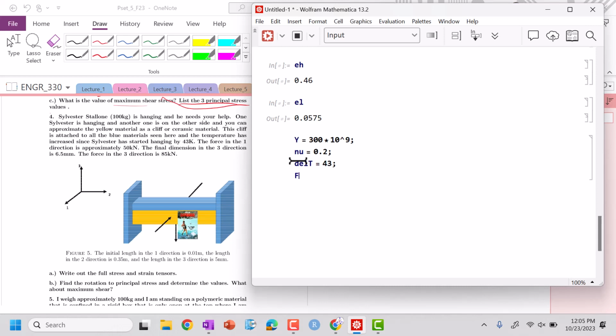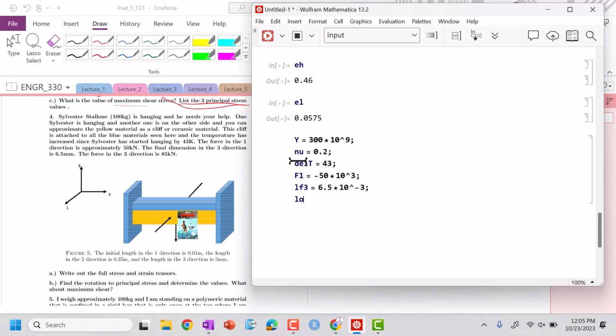The force in the 1 direction is equal to minus 50 times 10 to the 3. Our final dimension, LF3, is equal to 6.5 times 10 to the minus 3.